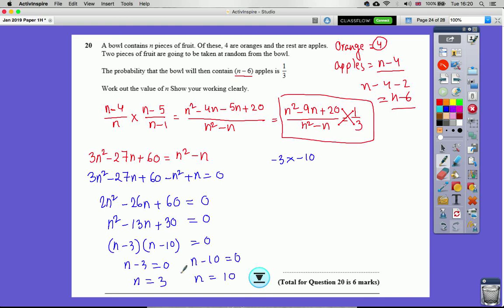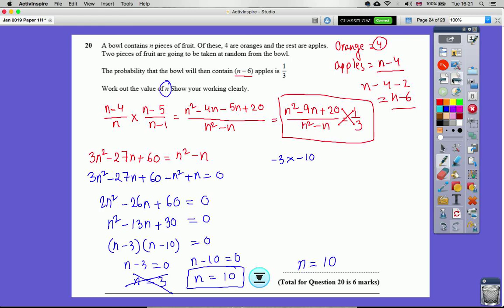Now, I cannot have 3 apples there because it says n minus 6. If there were 3 fruits altogether, you cannot have 4 oranges. So this value is not acceptable. So the number of fruits in the bowl is 10, and that is the value of n.